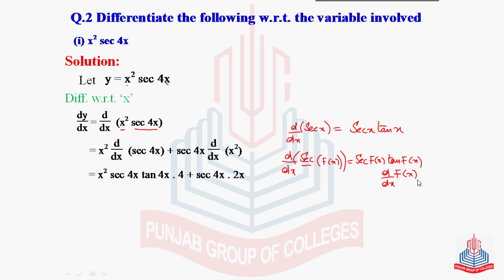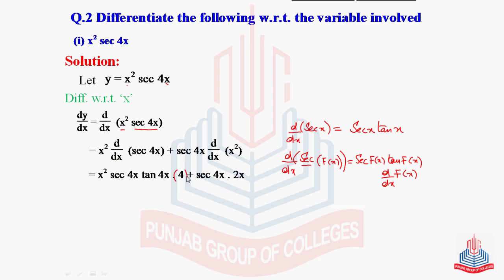So this is the process of differentiation of a trigonometric function with an angle which consists of a function itself. So that will become secant 4x, the derivative of secant 4x will be secant 4x tangent 4x, and then the derivative will apply on 4x, and the derivative of 4x will become 4.